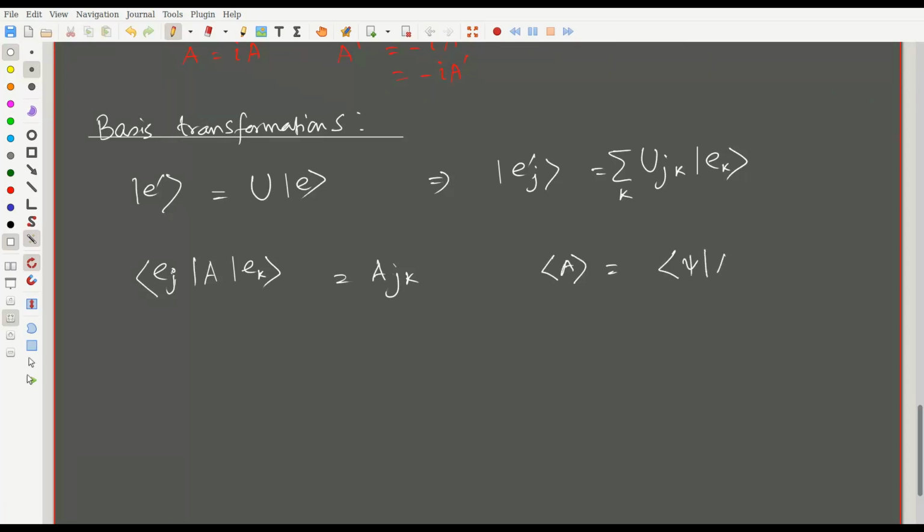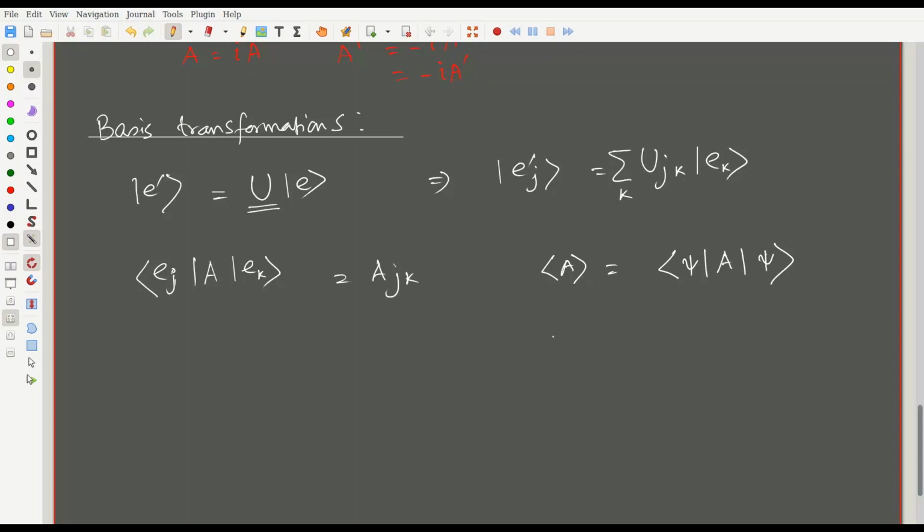Now you can expand psi in terms of the basis vectors. If the basis vectors are changing by U, the whole vector would also be changing by the same thing. Suppose psi has become psi prime. So psi prime is basically U times psi.